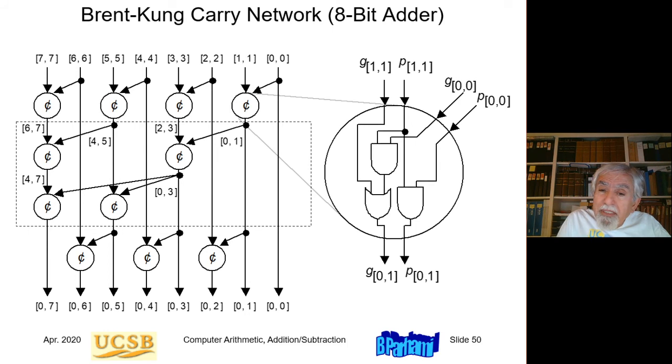Okay, and here, we said there's 2 log k minus 1. In this case, 2 times 3 minus 1, it should be 7. But it's really 2 times 3, which is 6, minus 1 should be 5. But it's really 4. Okay, there are 4 levels of add.